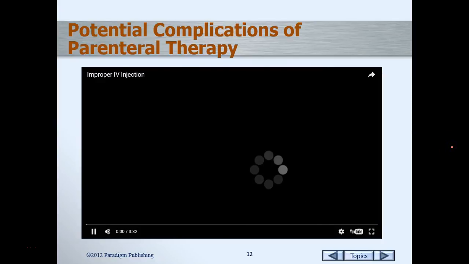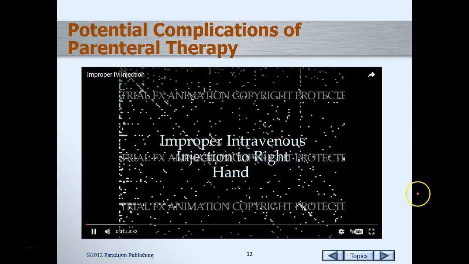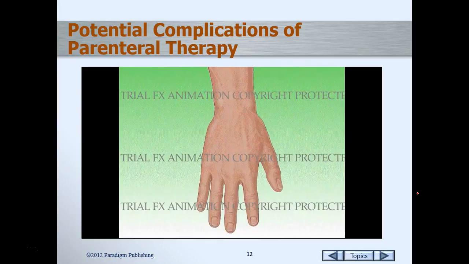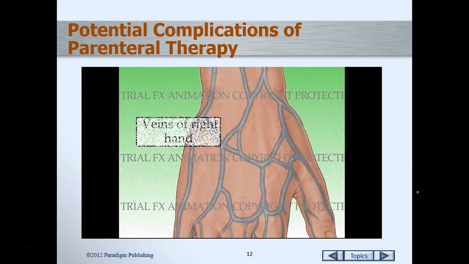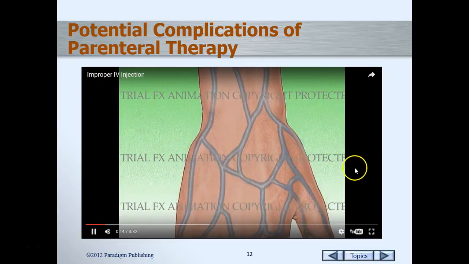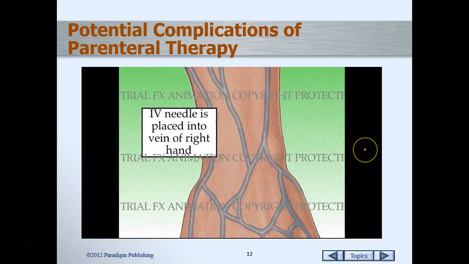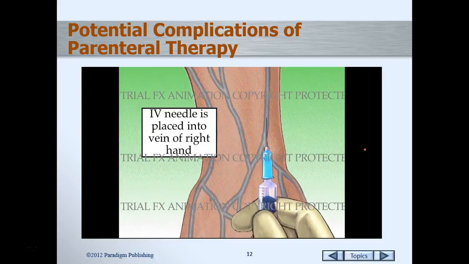To begin with, this video shows improper intravenous injection into a hand site. Being that it's copyright protected, it's got this watermark. So the cannula is being inserted into a hand site. They use an IV needle to place the cannula into the vein.